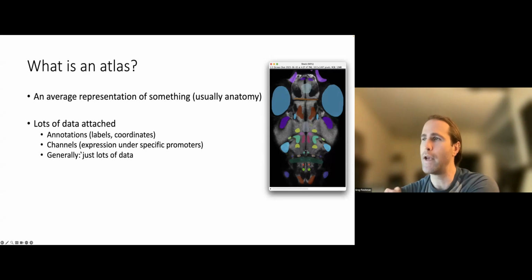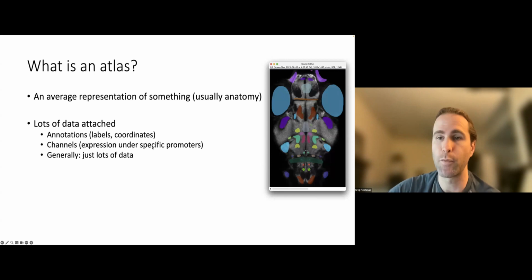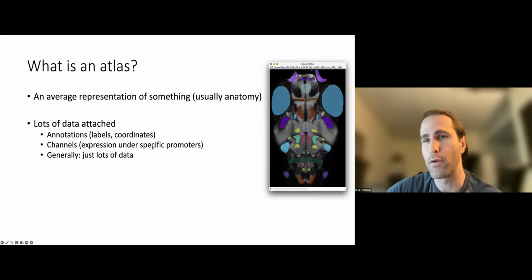It might also contain many different channels of expression of specific genes under specific promoters. So you might have your average image of the brain, but then you might also have hundreds of other images that visualize only specific structures, which give you even more information about where those structures are located, what they project to, what type of genes they express, things like that.